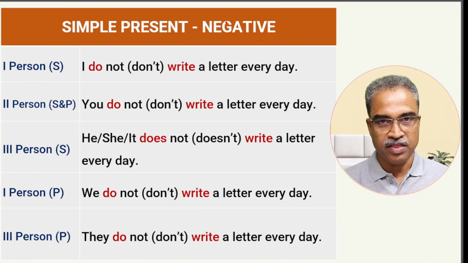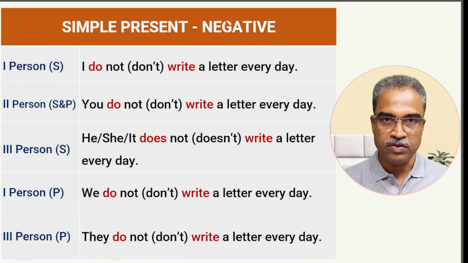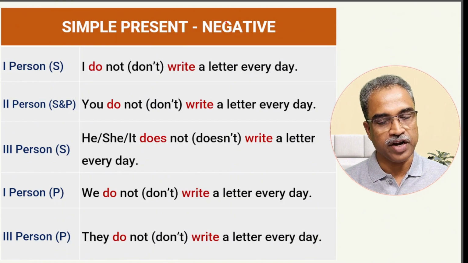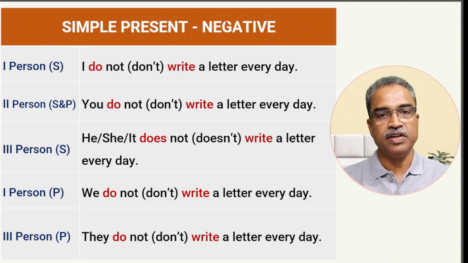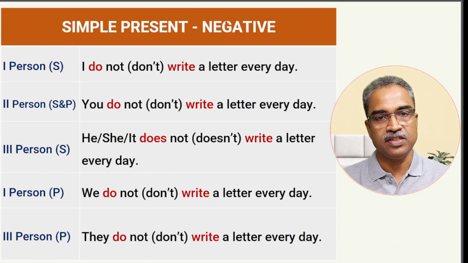We write, they write, we do not write, we don't write, they don't write. So I hope this is clear. This is how to frame affirmative and negative sentences in the simple present tense. And I am sure it is clear to all of you.